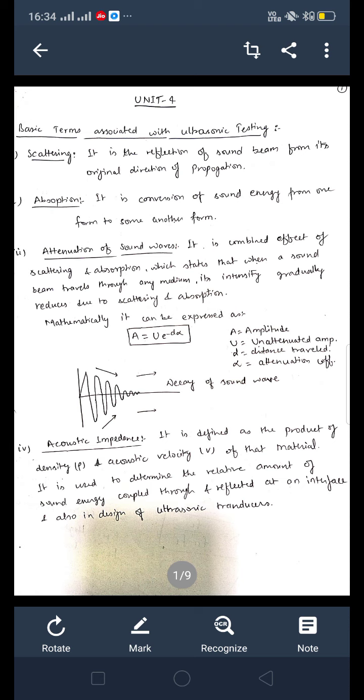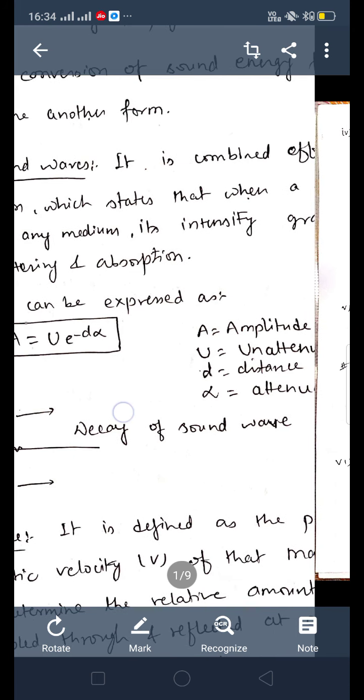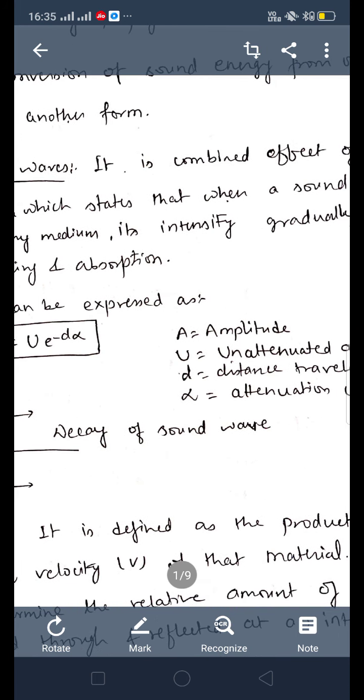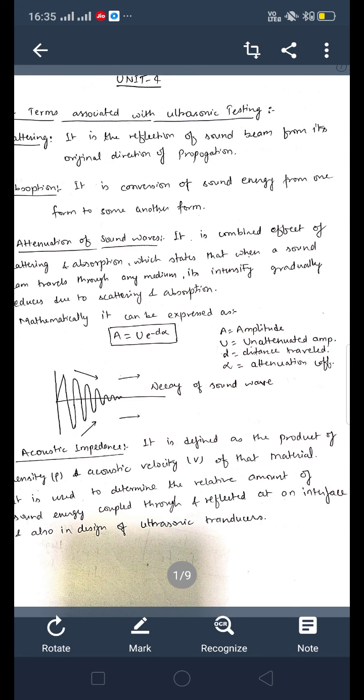Mathematically it can be expressed as A = A0 e^(-dα), where A is the amplitude, A0 is the initial amplitude, d is the distance traveled, and α is the attenuation coefficient. Here is the graph of the decay of the sound wave. So this is the formula: A = A0 e^(-dα).